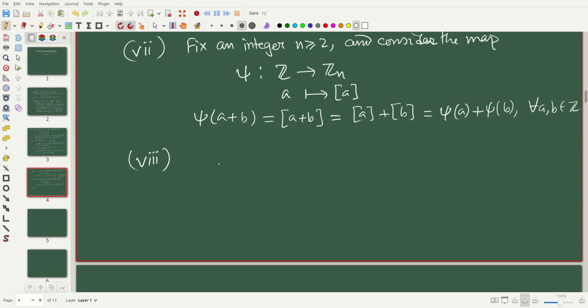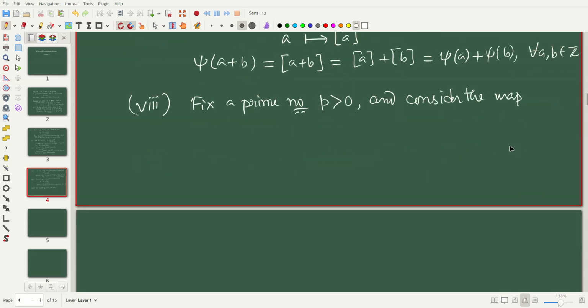So we fix a prime number p and consider the map f from Z_p to Z_p. Z_p is the congruence classes of integers modulo p.